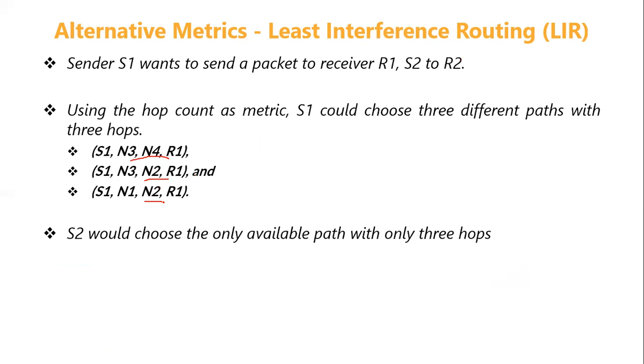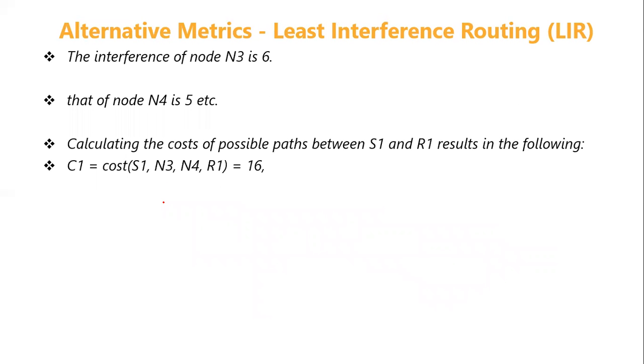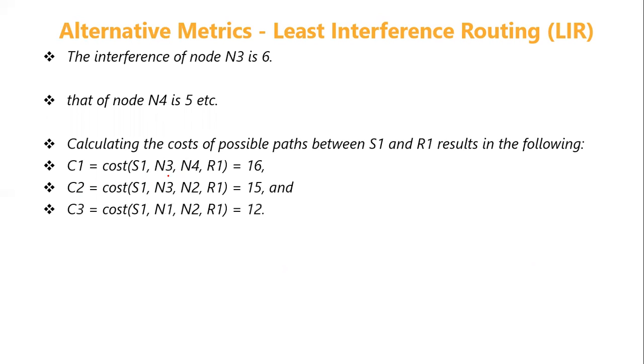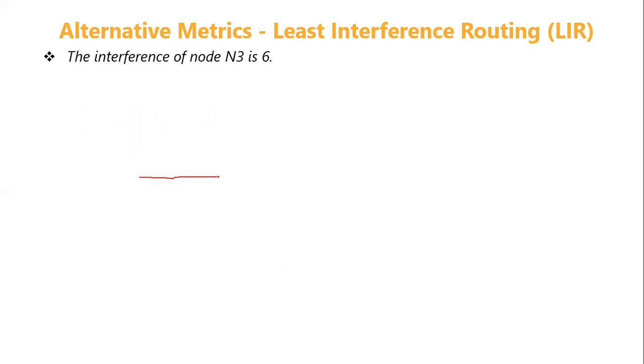Take only one. The first cost value is 16. It is S1 to N3, N3 to N4, N4 to R1. How is it 16? Let us see.